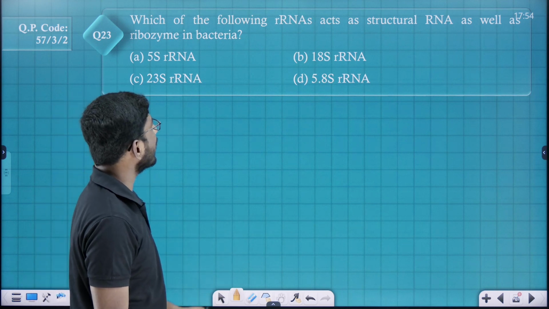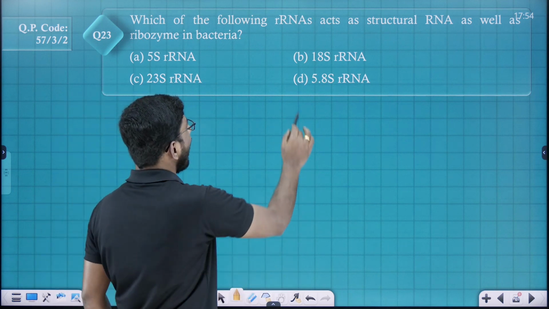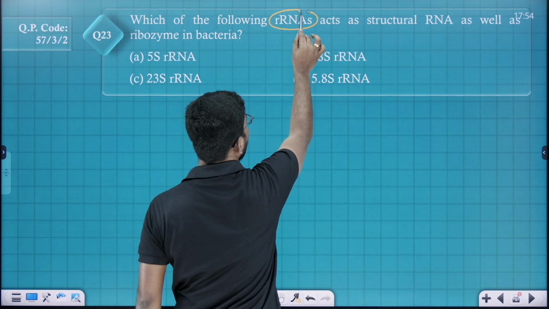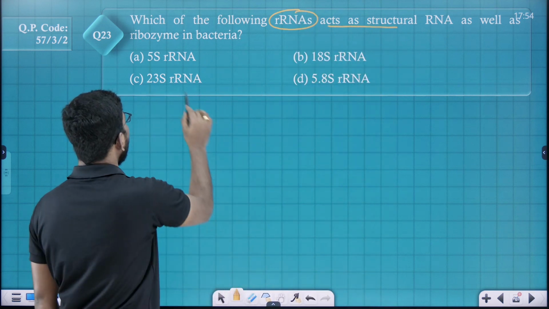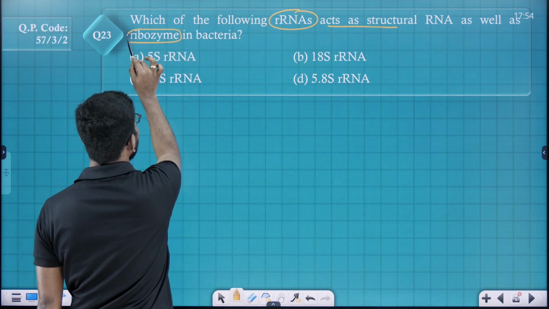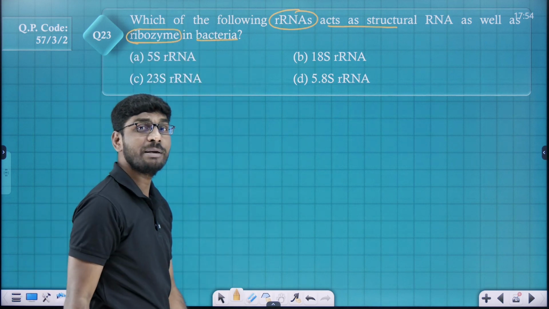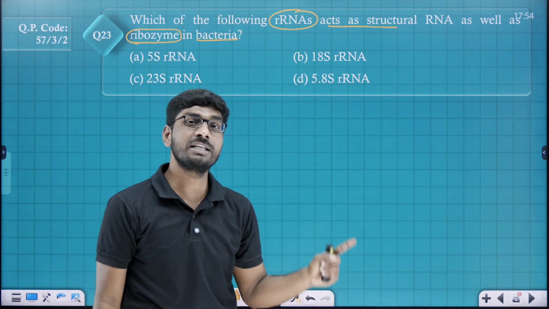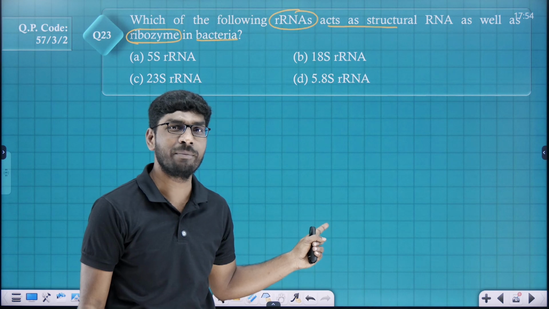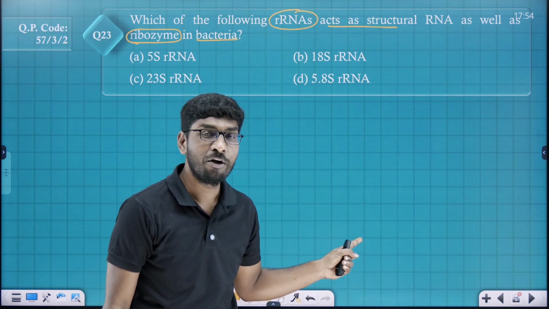Which of the following does rRNA act as? rRNA, ribosomal RNA, acts as a structural RNA as well as a ribozyme in bacteria. Ribozyme, a non-proteinaceous enzyme. It behaves like an enzyme, but it is not a protein.